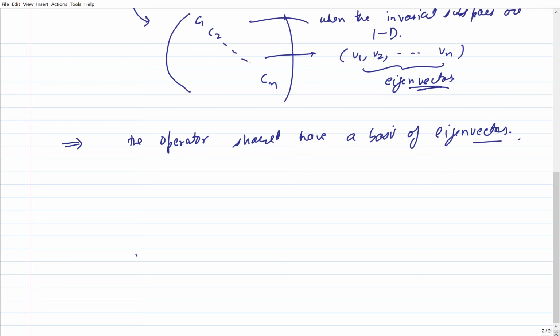And what is the condition for that? Well, the condition is that the characteristic polynomial has n distinct roots.